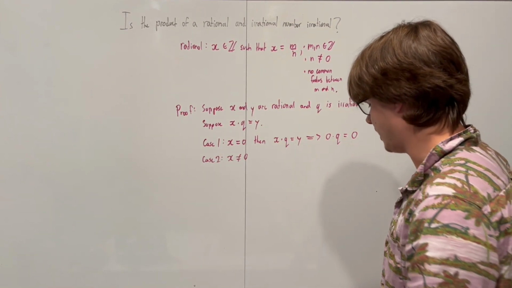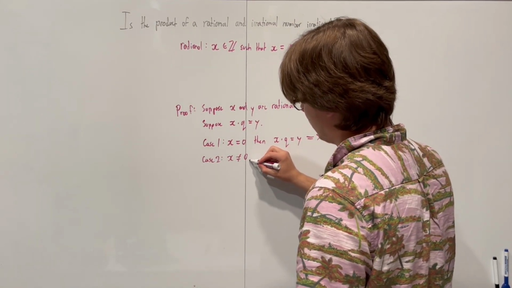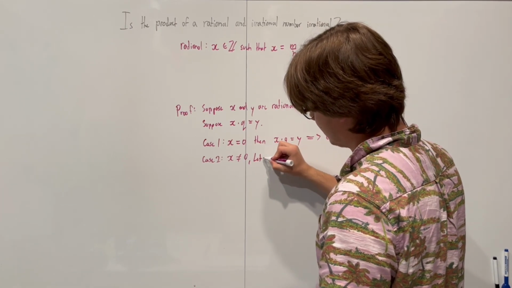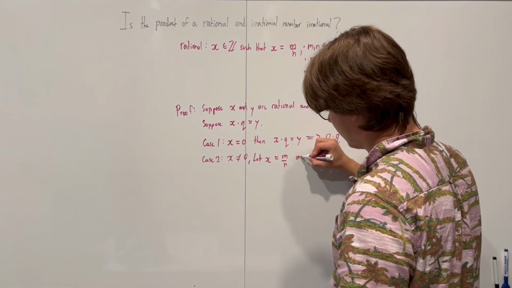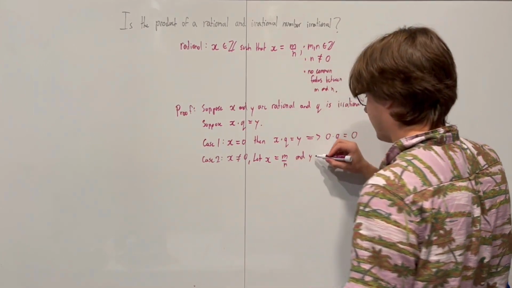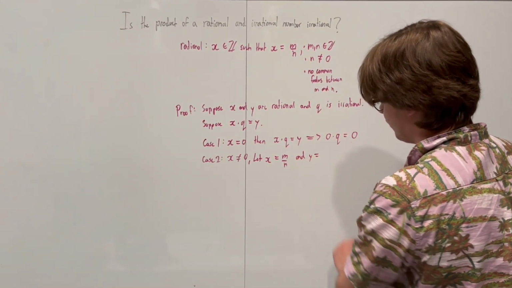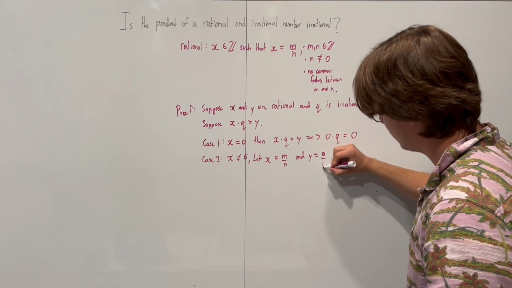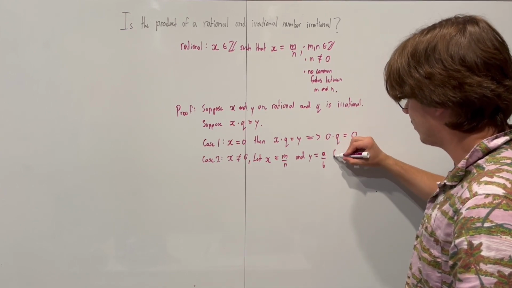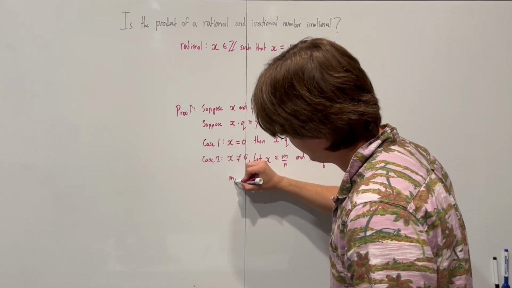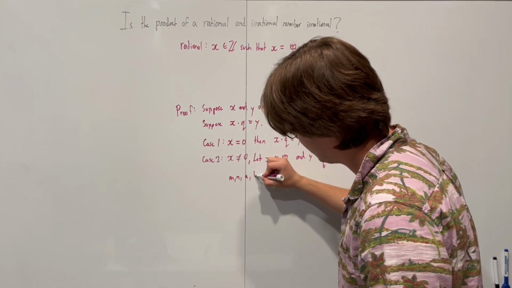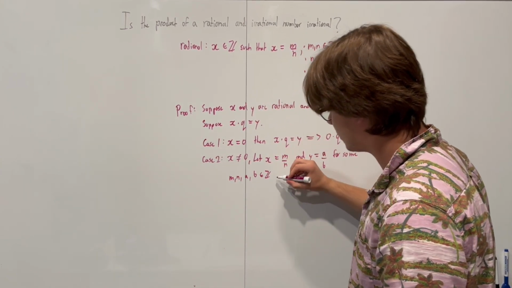We're going to say x cannot be 0. Let x be m over n and y be a over b for some m, n, a, b that are integers.